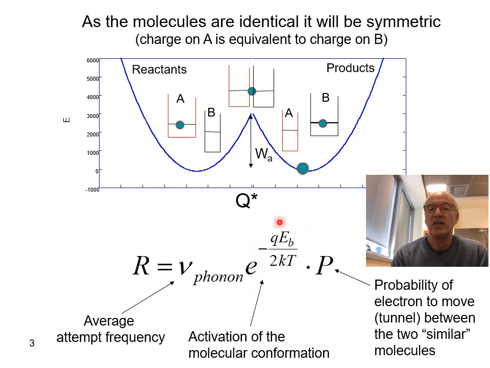We have the energy that is required to bring the two molecules to this conformation where the charge can attempt to move without any change of energy during the process. And then, of course, there is this overlap between the wave function of the two molecules, because at the end there is a tunneling process between the two molecules, and it has this certain probability. And as we said, if the probability is relatively low, then we would expect the attempt frequency to be larger, or there will be more attempts until we manage to get to the other side.